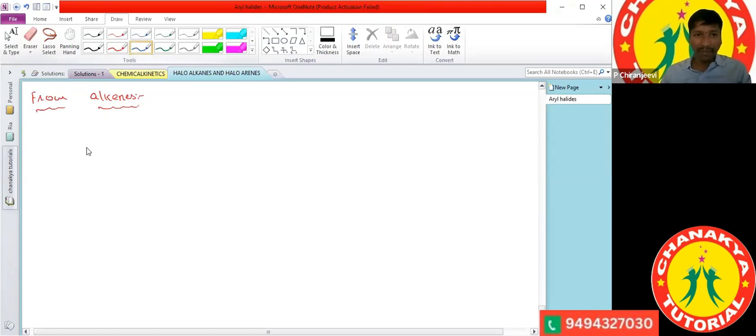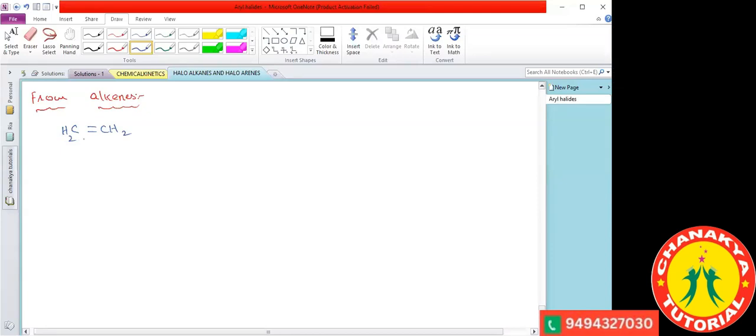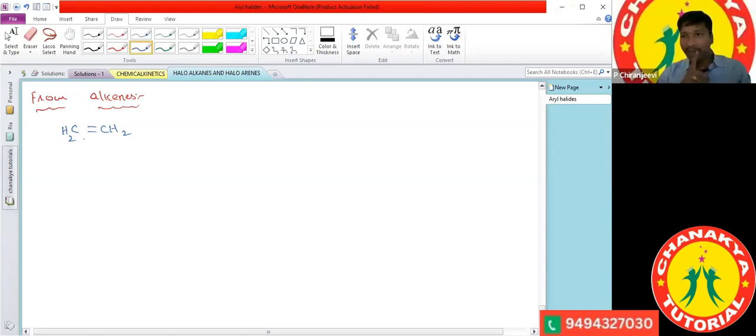First, we take CH2=CH2. My first question is whether the given alkene is symmetrical or unsymmetrical. Sir, it's symmetrical. So whatever I have given is the symmetrical one. Now I had taken ethene, the simplest alkene.